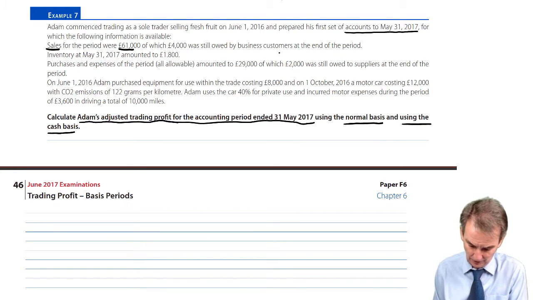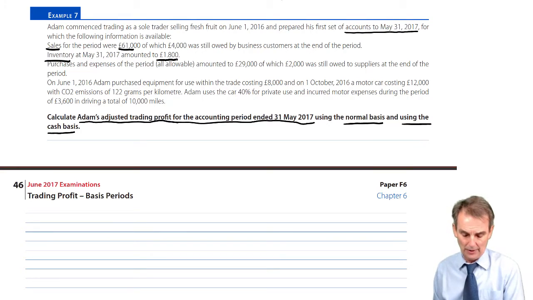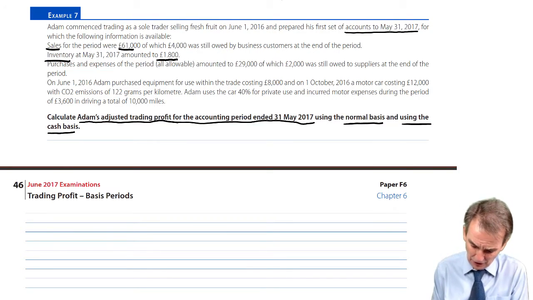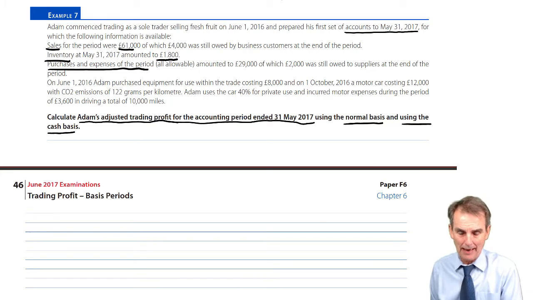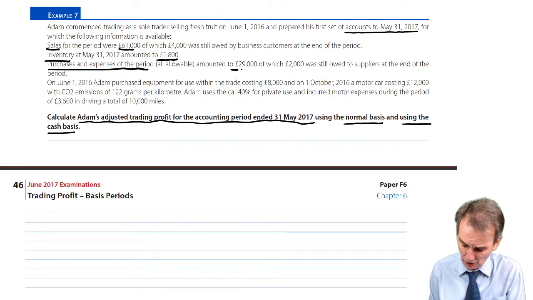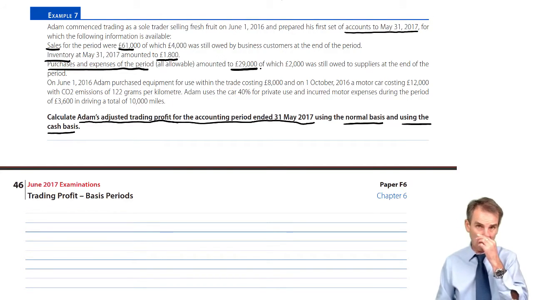Sales, 61,000. We do get involved with the inventory, because at the end of the period, we need to know what that closing stock inventory is, because we'll need to work out cost of sales. Purchases and expenses we need to know, and again, they're not bothered on the normal basis about how much of that is still owed, just what the figure was, 29,000.